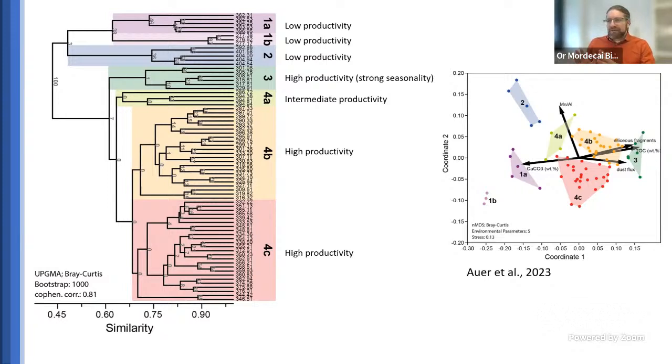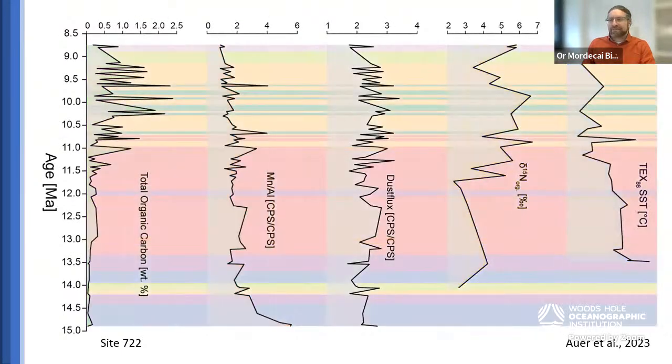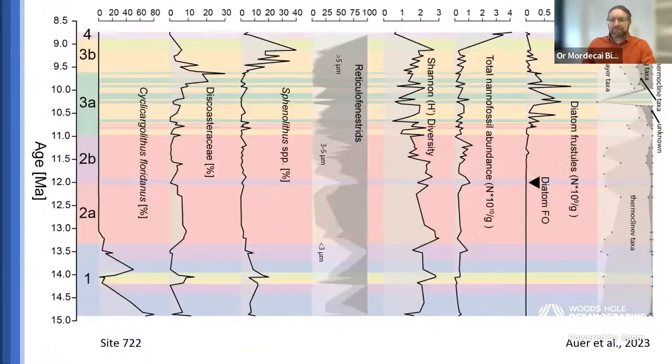We can take these assemblages, where the warmer colors are higher productivity and the more purplish colors are low productivity, and we can put them on our proxy data. And hey, look at that. We can clearly see that we're going from these lower productivity to these higher productivity assemblages, more or less in conjunction with what we're seeing in the proxy data.